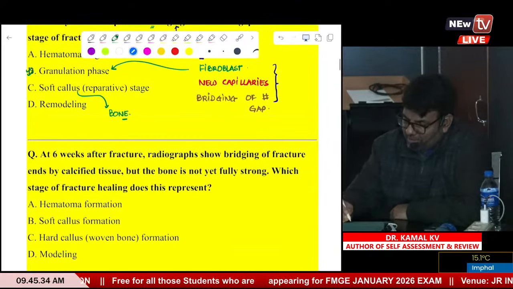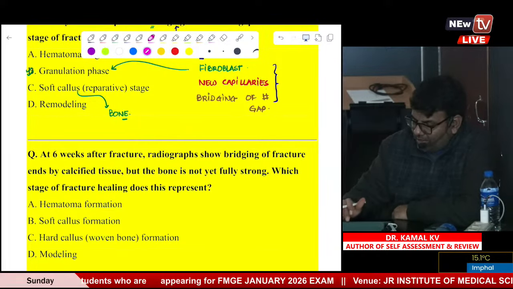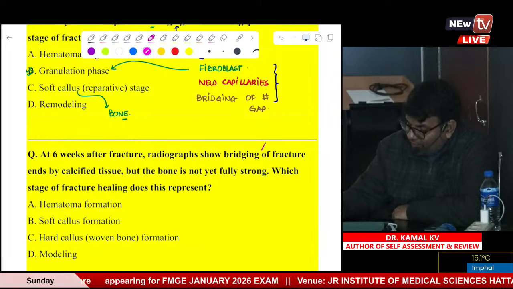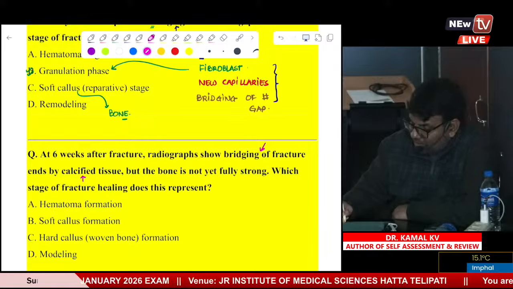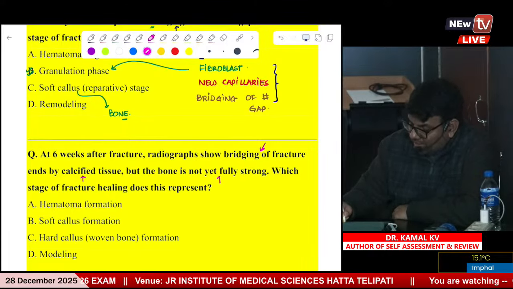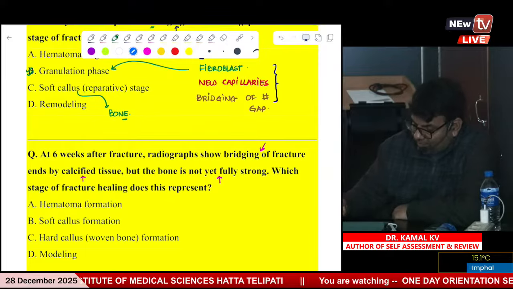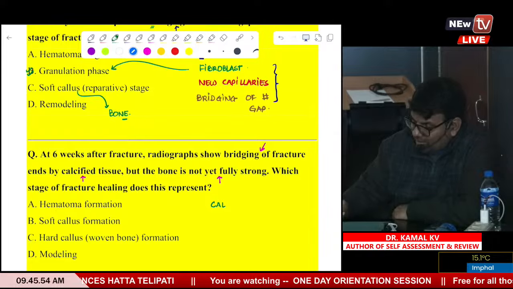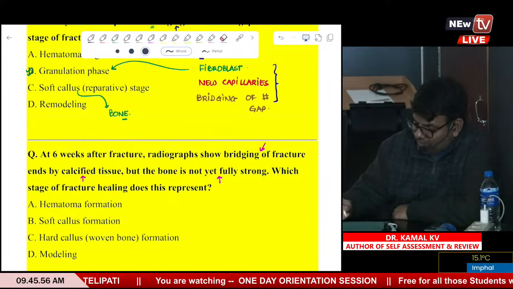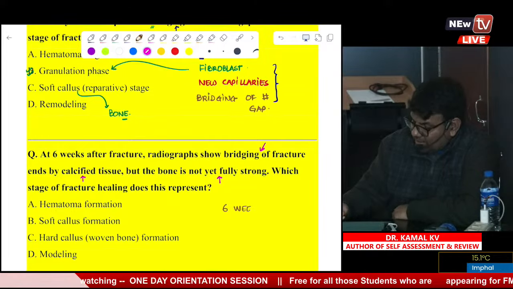The next question. At 6 weeks after fracture, radiographs show bridging of the fracture by calcified tissue, but the bone is not yet fully strong. Which stage of fracture healing is this? So firstly we need to write the duration. So this is 6 weeks.